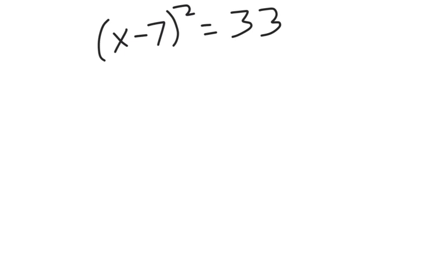So I want to undo squaring something. So what's the opposite of squaring a number? Square root. Taking the square root of a number. So I can undo squaring by taking a square root.